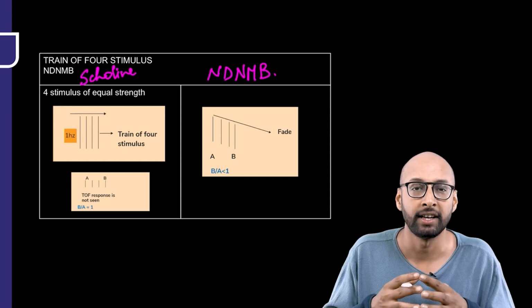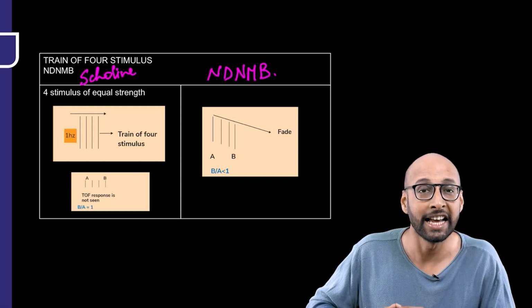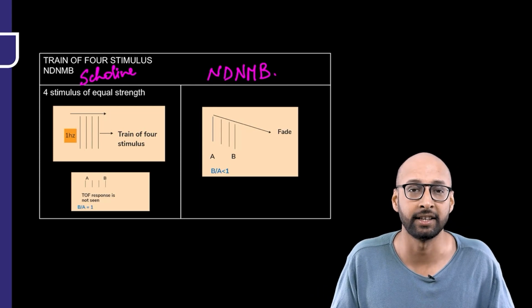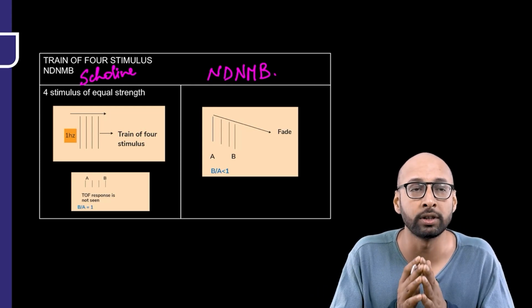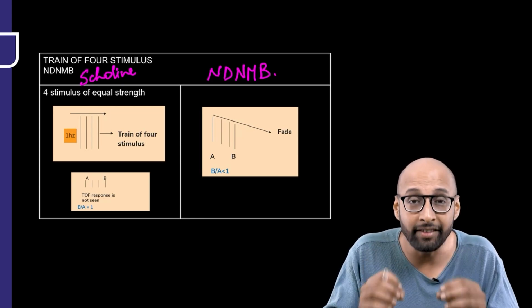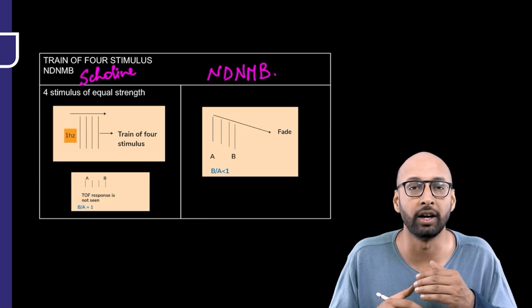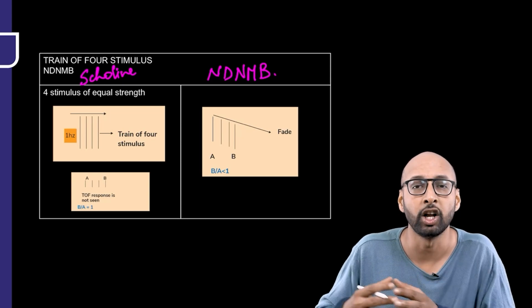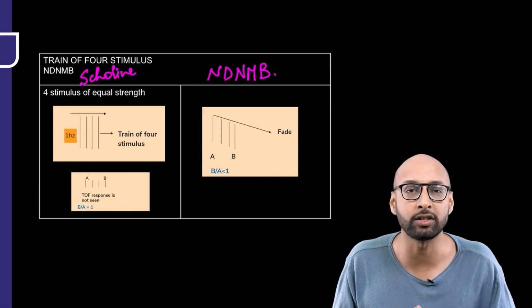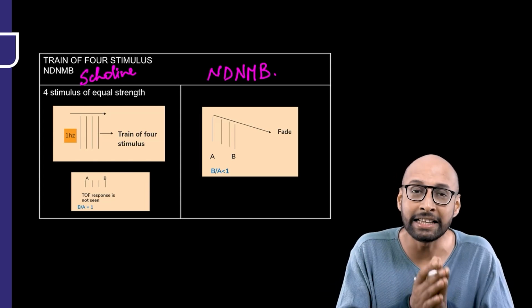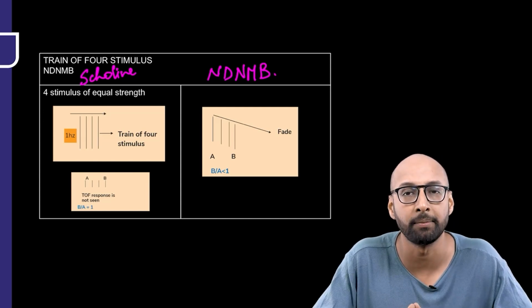Now, since the effect has to be very fast, with these tests we can say that almost every time we see some kind of change with non-depolarizing neuromuscular blockers in whatever test we do, it differs between scoline and non-depolarizing muscle relaxants.